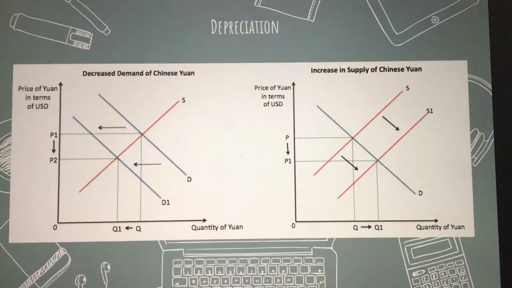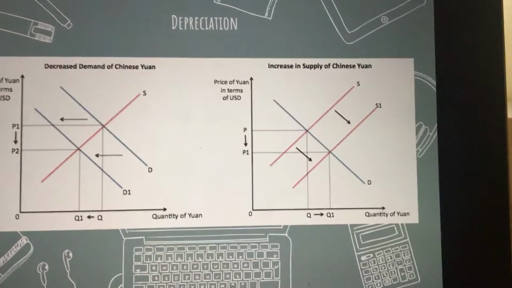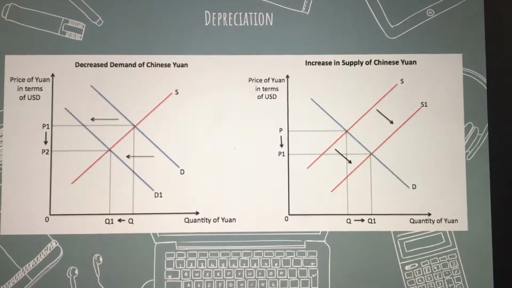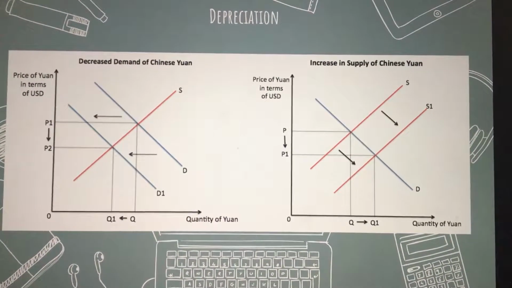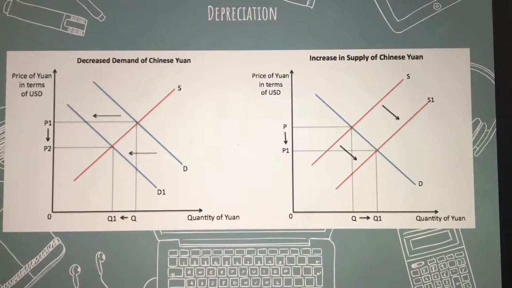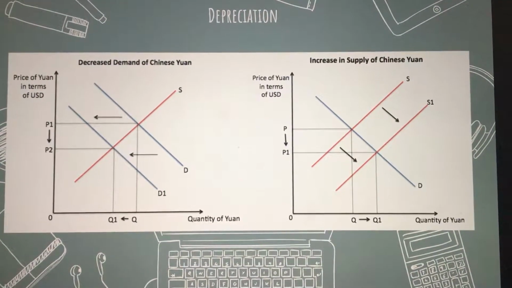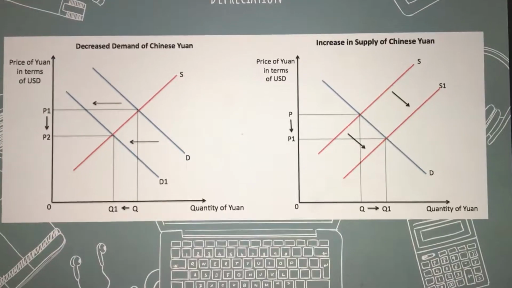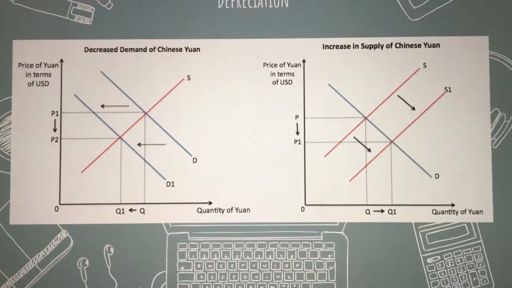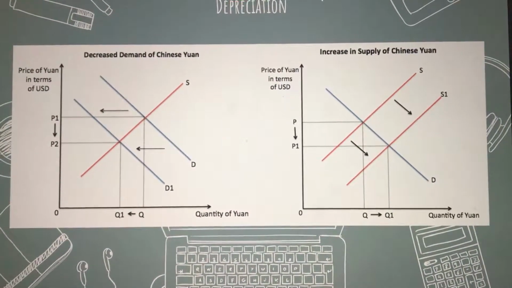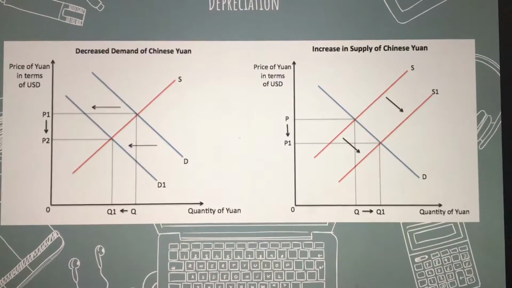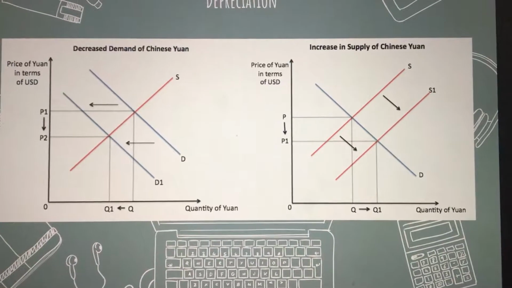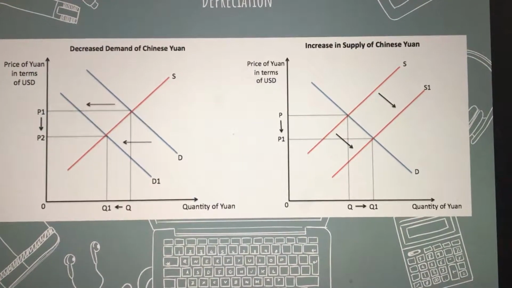Now depreciation, you guys also did a good job of showing it, but just to make it super clear, this is actually in the Chinese currency, the yuan, so it's a little bit more applicable. The price of yuan in terms of USD and the quantity of yuan in the first figure on the left shows a decreased demand, so demand shifts to the left, and that makes the price lower and the quantity lower as well, so that would depreciate the currency.